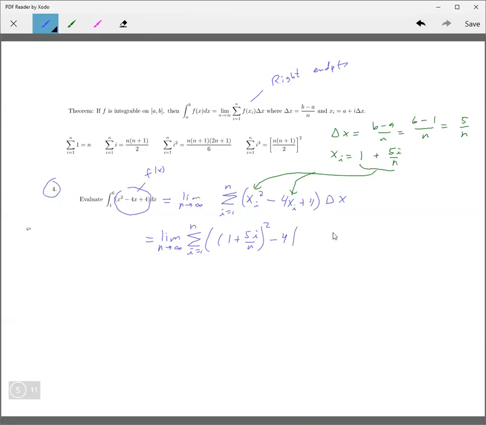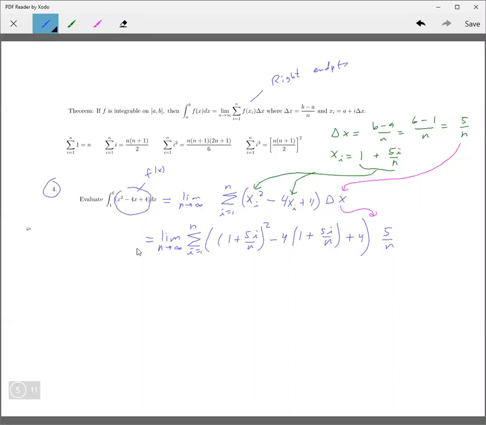This xi gets replaced with that also, and then there's a plus 4. And this 5 over n is going to replace delta x, so we'll have a 5 over n on the end. All of this is multiplied by 5 over n.